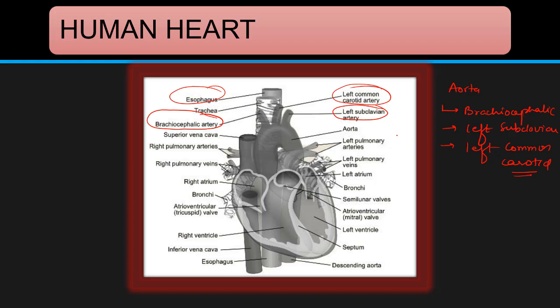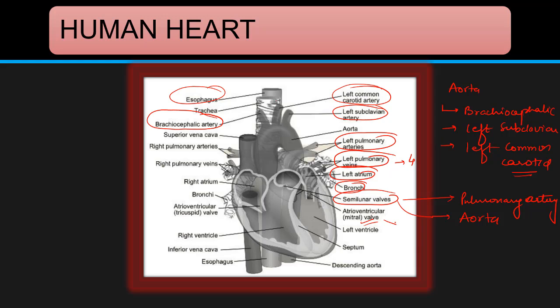Okay. Left pulmonary arteries, left pulmonary veins, left atrium, bronchi. These are the bronchi. Semilunar valves between the pulmonary artery and aorta.